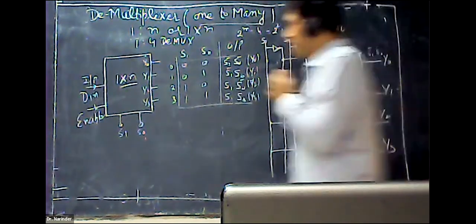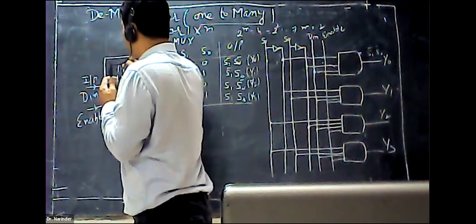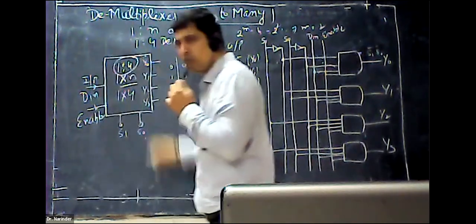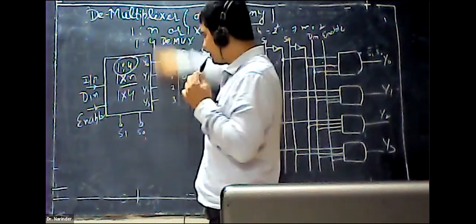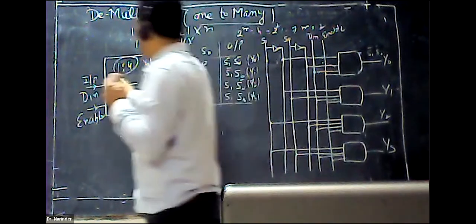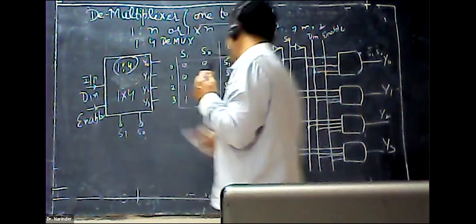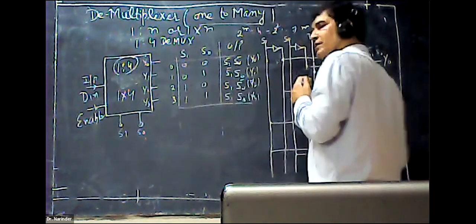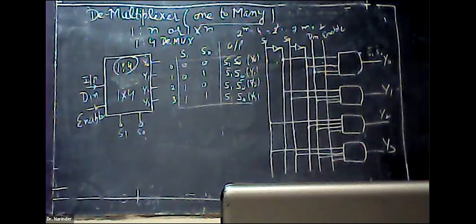In this way we will design. So this is 1 cross 4 or 1:4 demux. Generally we write 1 cross n, but here since we are specifying 0 to 3, you need not write it. This is for the general expression. You write here 1 cross 4 or 1:4. So this would be your circuit diagram of the demultiplexer. Similarly, you can also pursue the circuit diagram of a 1:8 demultiplexer.